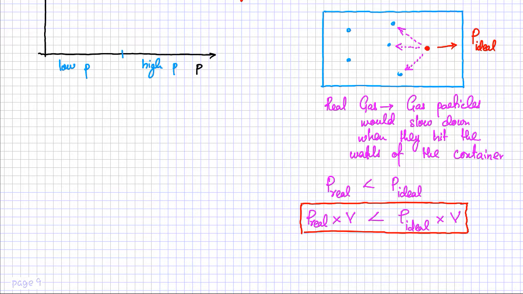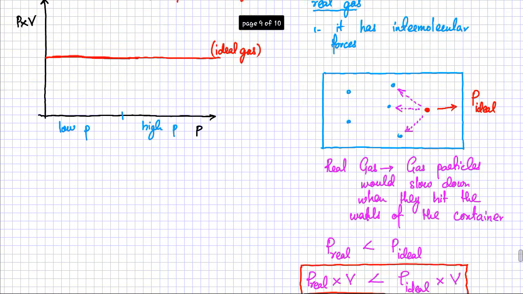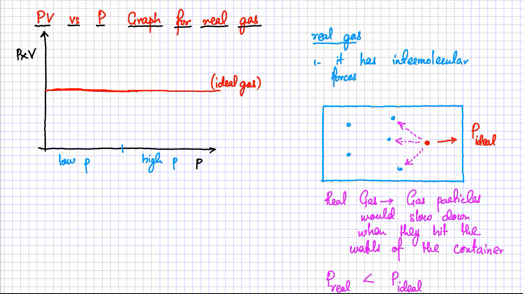So if I plot this on the graph, there's going to be a slight dip, because your product pressure into volume would be lesser. The more the intermolecular forces, the more the deviation. So your graph is going to dip slightly, and the product pressure into volume would decrease in a real situation. So this is for a real gas. The product pressure into volume is going to come out to be lesser.